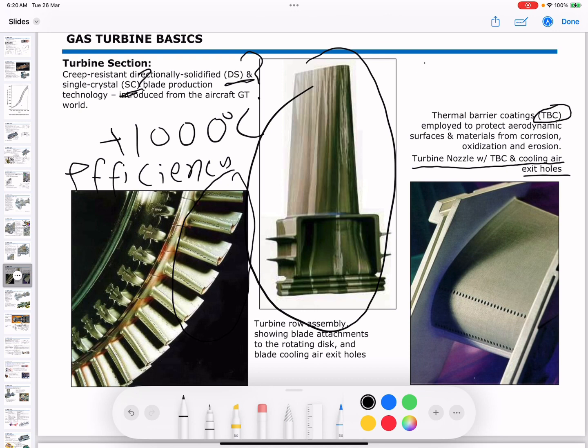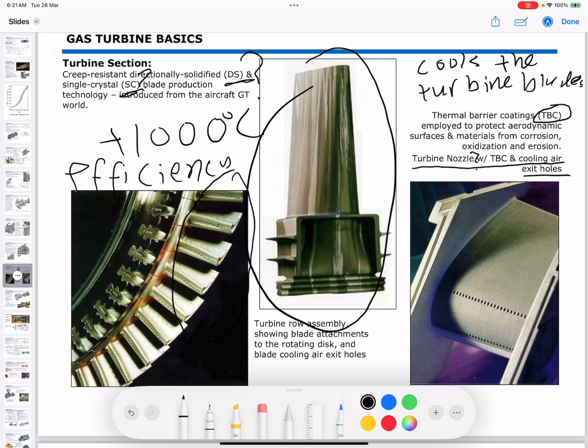So it cools the turbine blades. But now I'm going to focus on the turbine nozzle specifically.